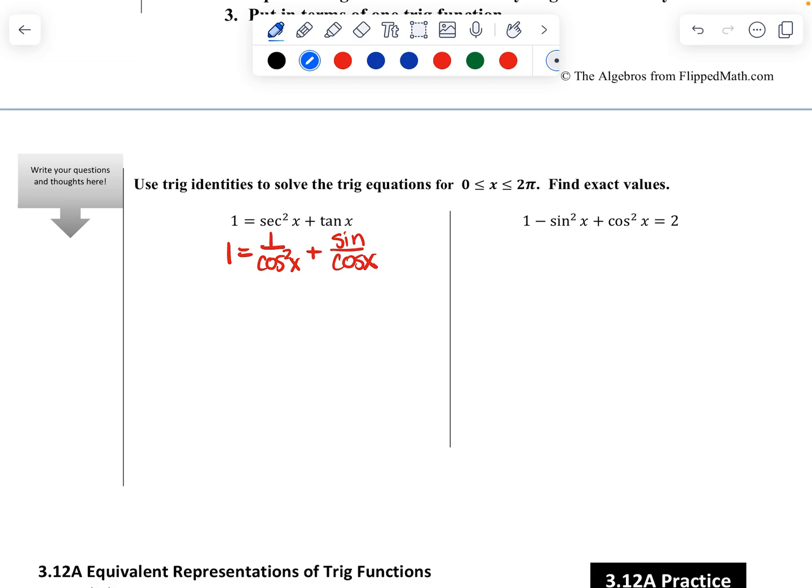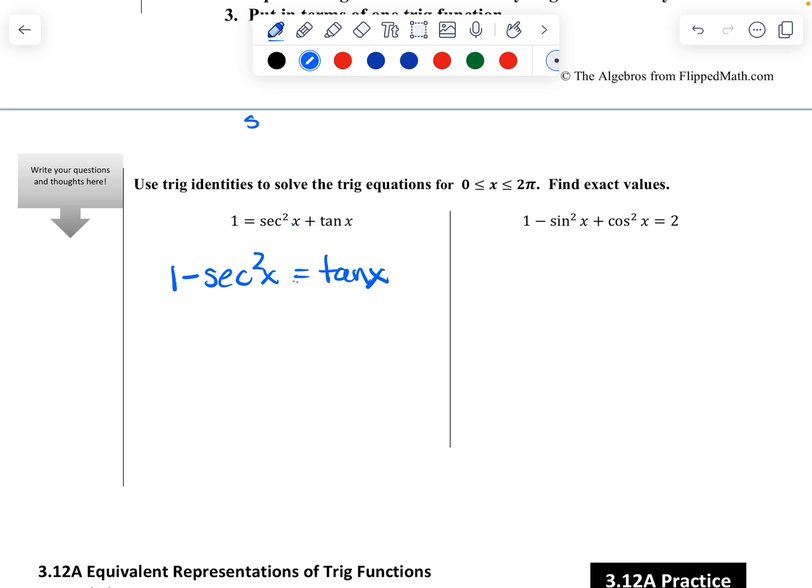We don't have a common denominator there. So what can we do on this one to try and get a single trig function? Well, I do recognize, wait, let's see, that didn't get me anywhere. So let's try something else. Is this a Pythagorean identity? So this is 1 minus the secant squared of x equals the tangent of x.